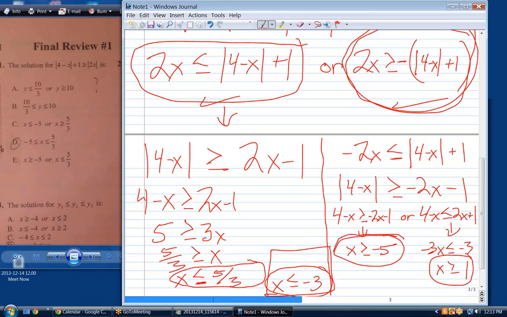D is greater than or equal to the lowest number, -5, and less than or equal to the highest number, 5/3, on the number line. And that's why you can take all 4 of these solutions and combine them into one solution like that, because you just want to use your extreme points only.